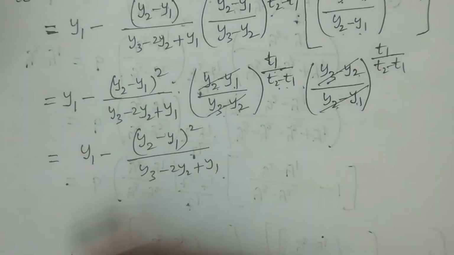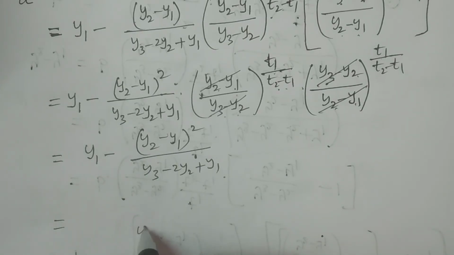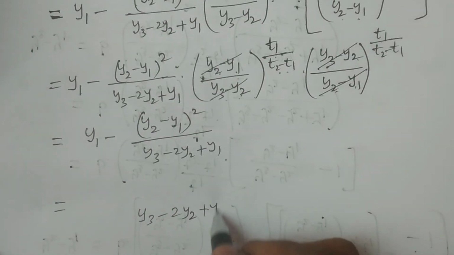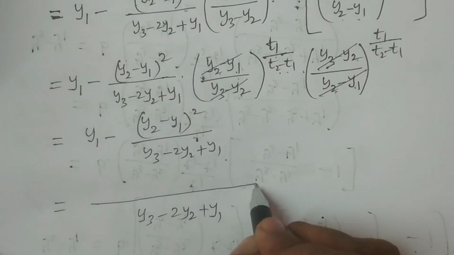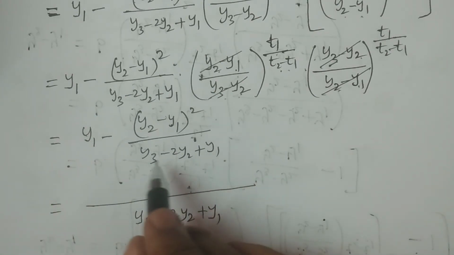If you take the LCM, so that the denominator is y3 minus 2y2 plus y1, then you have to multiply this term with y1.